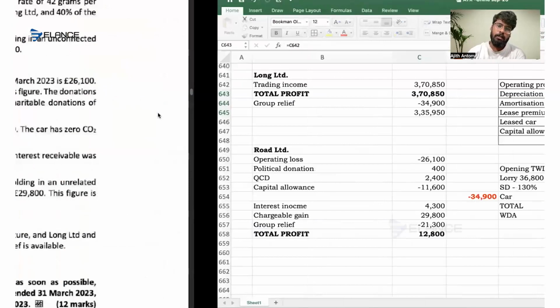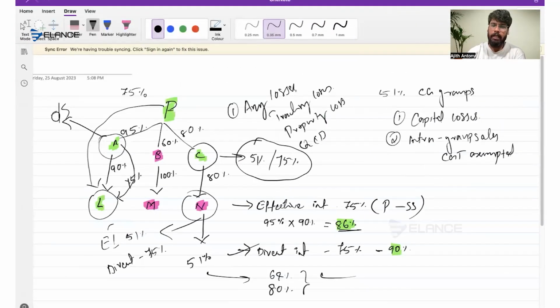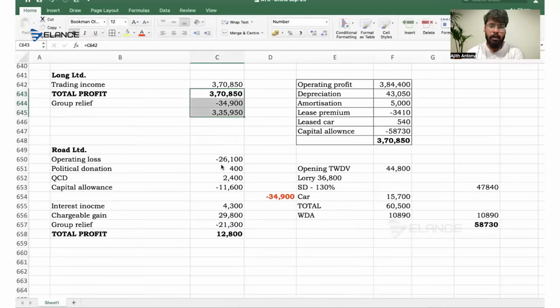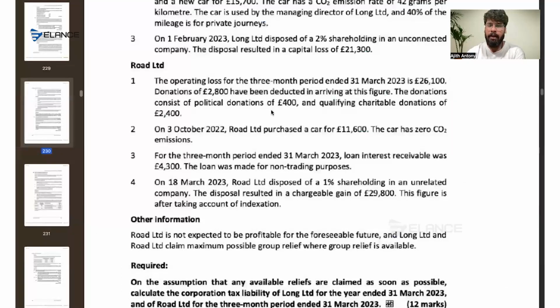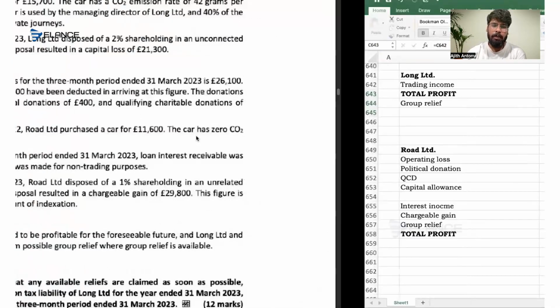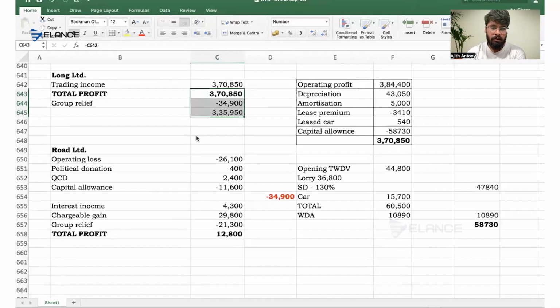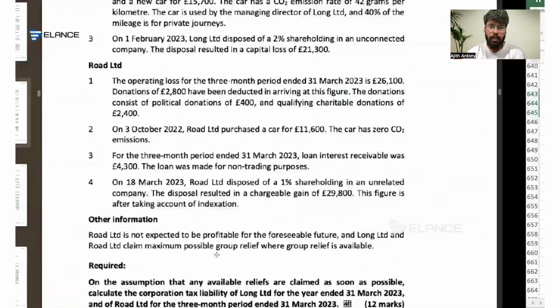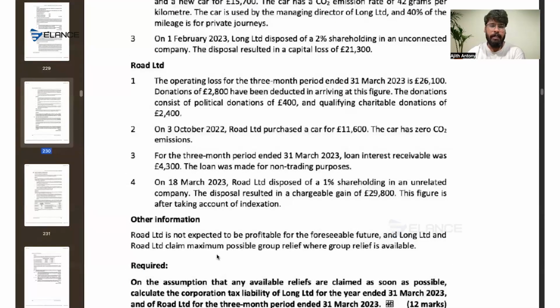We already discussed that QCDs can also be transferred within the 75% group. So here Rod Limited has a QCD of 2,400. Either Rod Limited can set off the QCD from its own profit, otherwise they can transfer it to Long Limited. Okay, there are two alternatives.